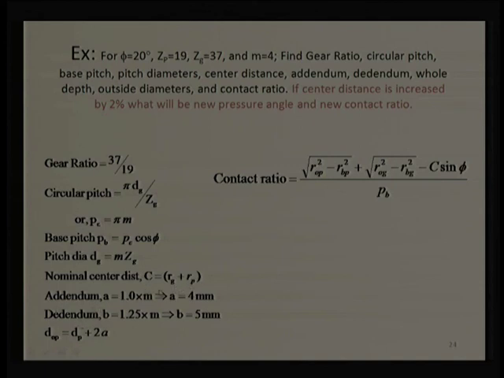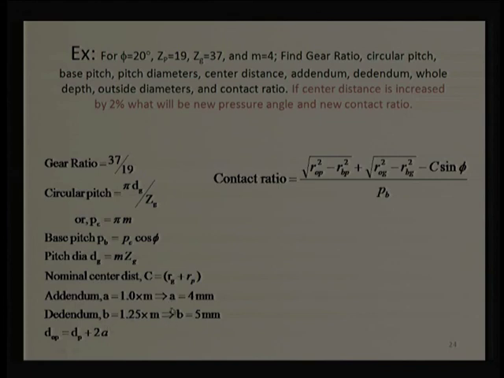Addendum and dedendum are generally manufactured with cutters, and the standard is that there will be 1 m dimension above the pitch circle, the pitch radius, and below it, the distance between the base circle and pitch circle, the thickness between these two, will be 1.25 times the module.